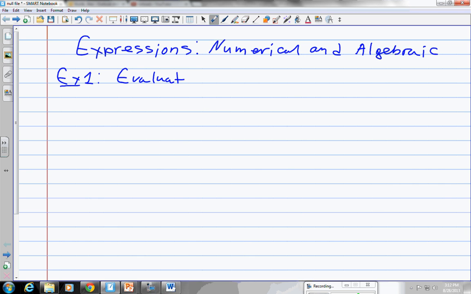Evaluate the following numerical expression.